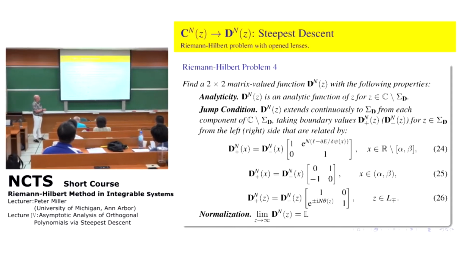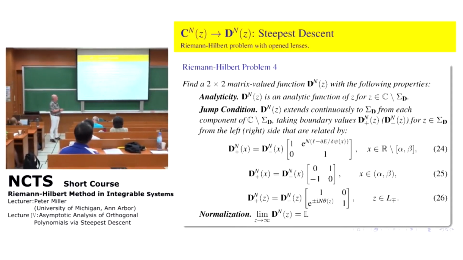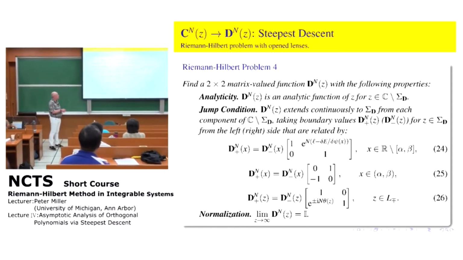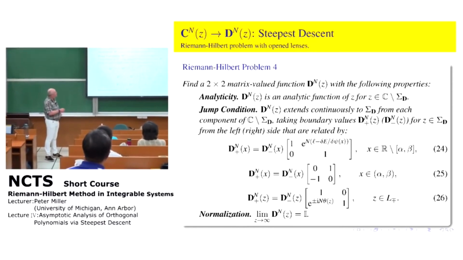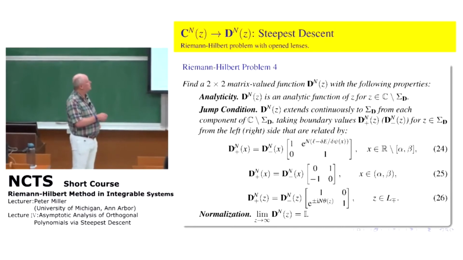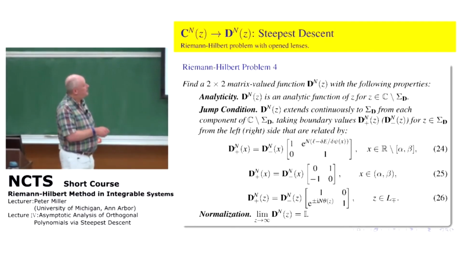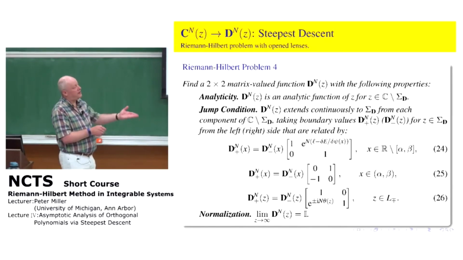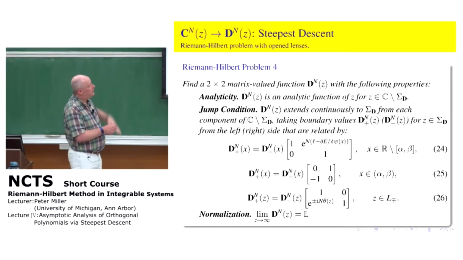It should be analytic for z in the complex plane, take away the contour, the real line, and those two lens boundaries. D_n extends continuously to its jump contour from each component of the complement. It's taking boundary values D plus and D minus on the left and right sides. It's not just the real axis anymore, but we've oriented those two lens boundaries left to right, so they have a plus side and a minus side.